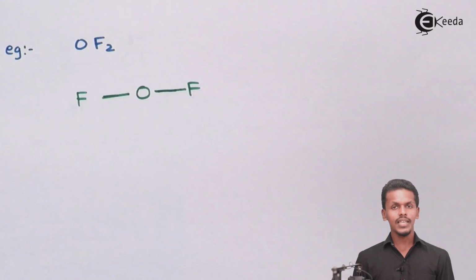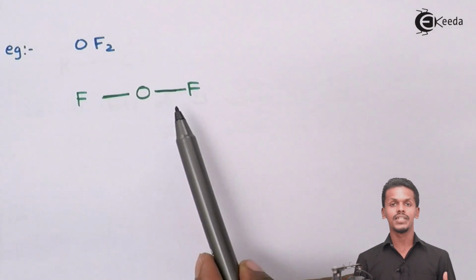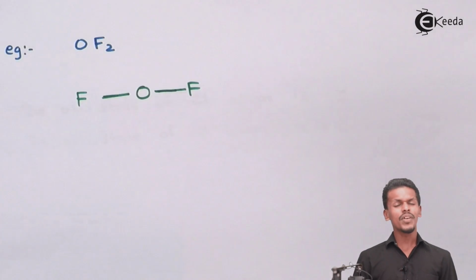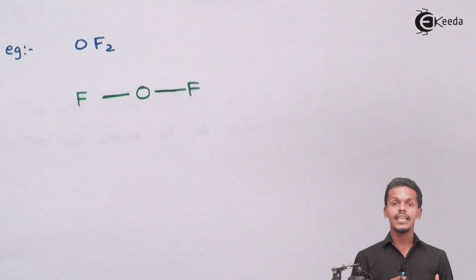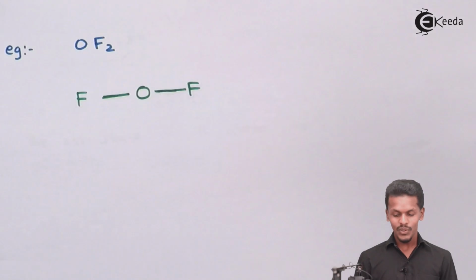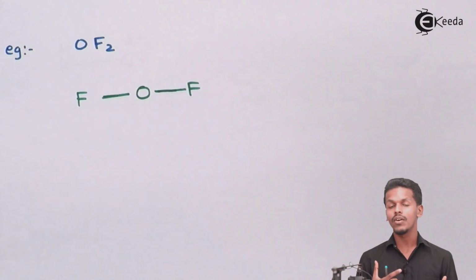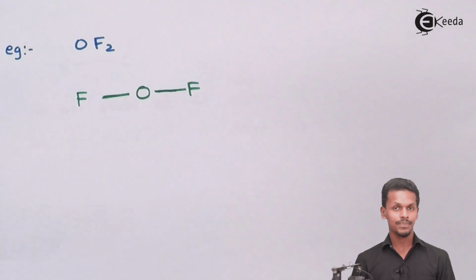As we can see, fluorine is attached to oxygen, and again this oxygen is attached to the other fluorine. We know that oxygen is electronegative, and fluorine is also an electronegative atom. In spite of both being electronegative, how can we say what the oxidation state of a particular atom like fluorine would be?